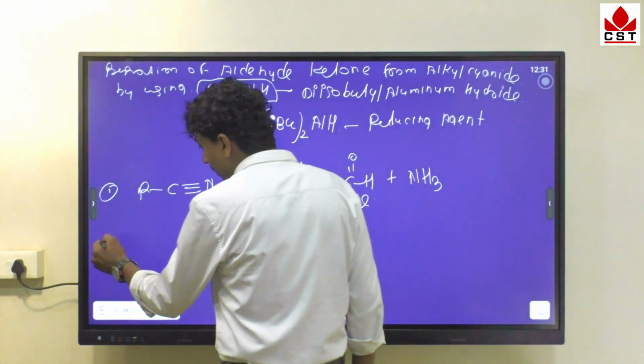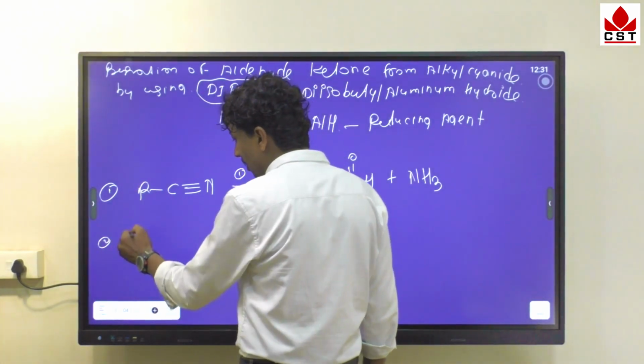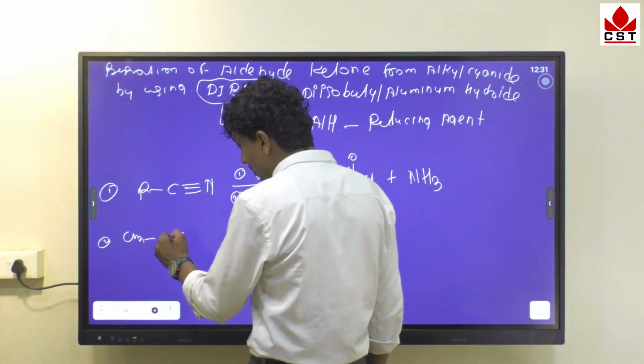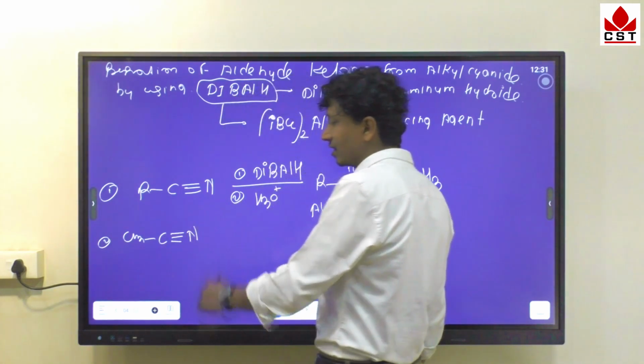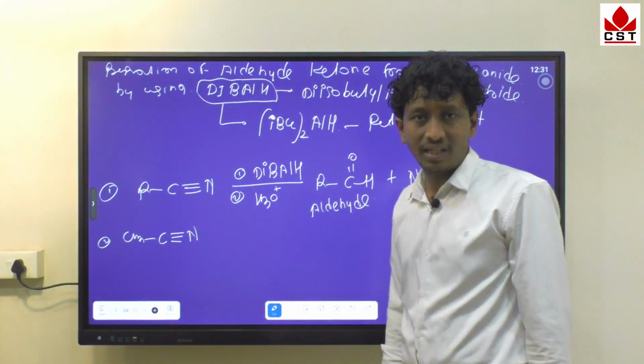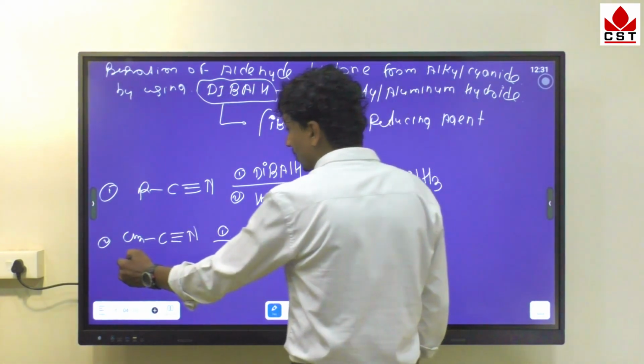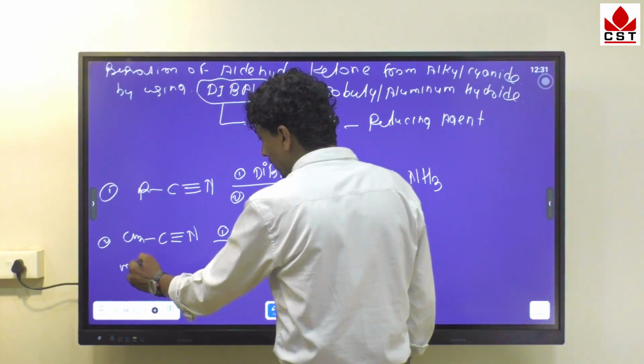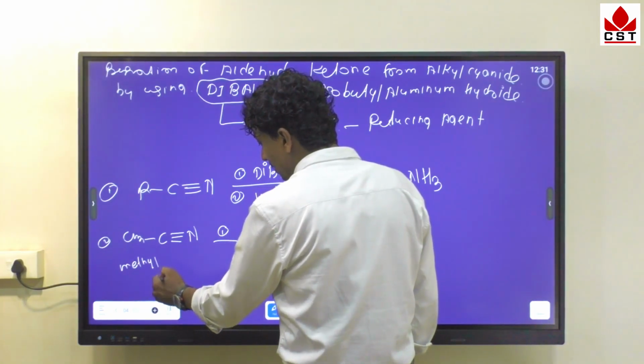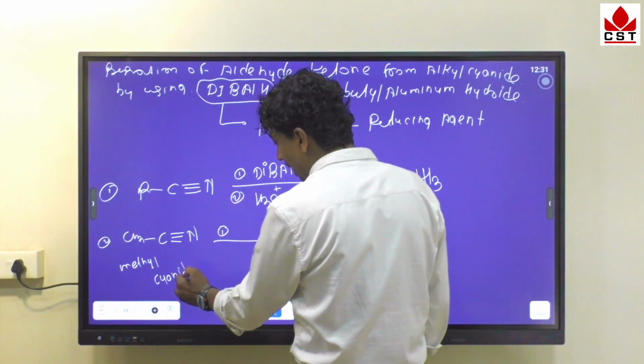So what about the example? Example number 2, where R is general: CH3-C≡N. R is alkyl; alkyl is methyl, ethyl and propyl. The CH3-C≡N is methyl cyanide.